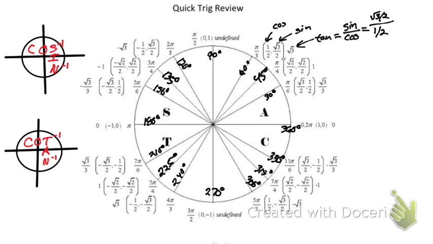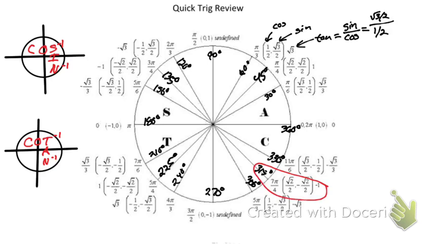So anytime you see tan inverse, you're only looking at quadrant 1 and quadrant 4. And what you're looking for is where tangent equals negative 1. All our tangent values are positive in quadrant 1, negative in quadrant 4. If we look right here, that would be where my tangent equals negative 1. So it's going to be this angle.